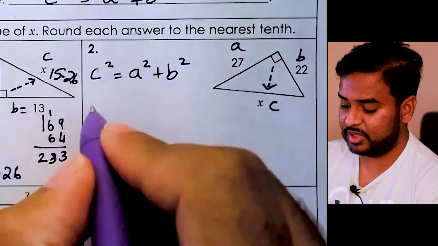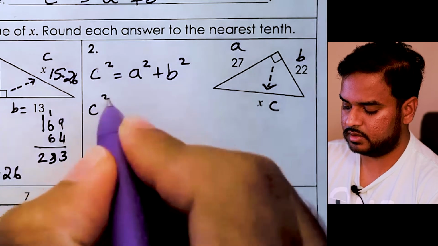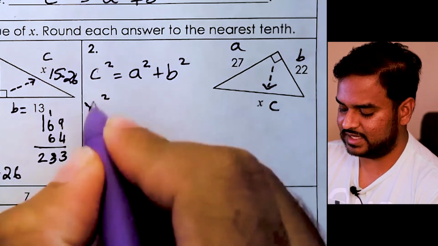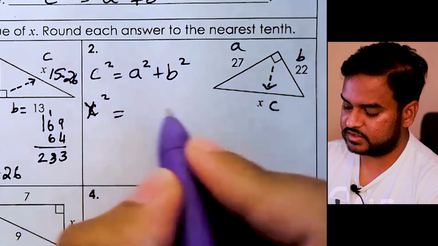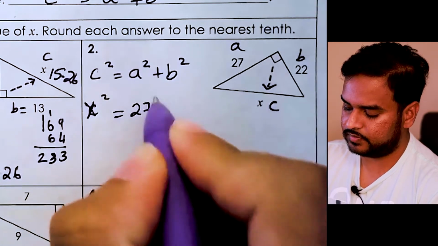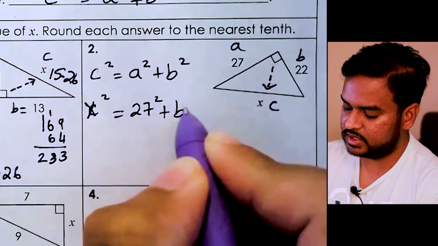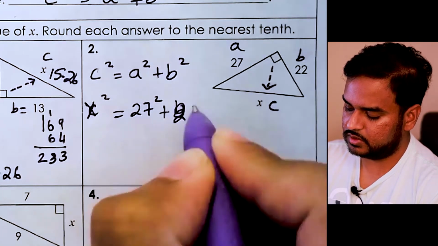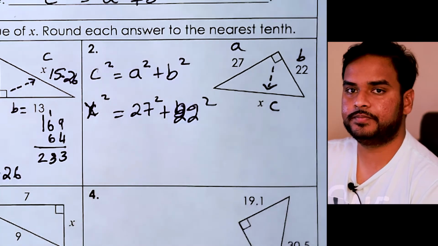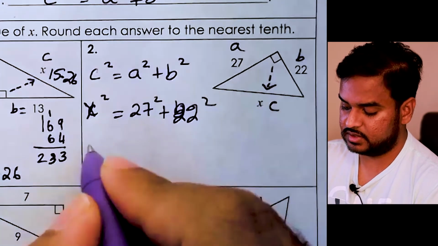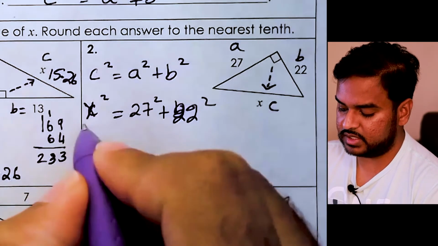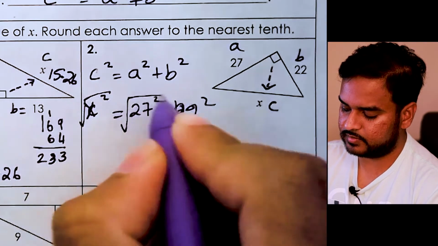So I start replacing. C squared is X squared, because X is C. A squared is 27 squared plus B squared is 22 squared. Now I can go ahead and solve for X by taking the square root of both sides.